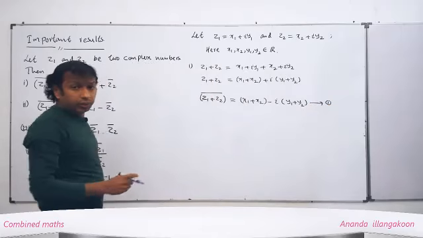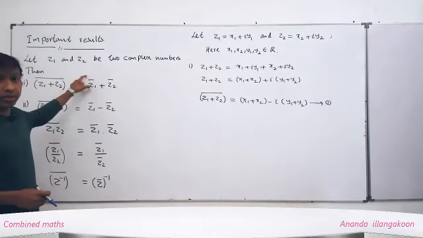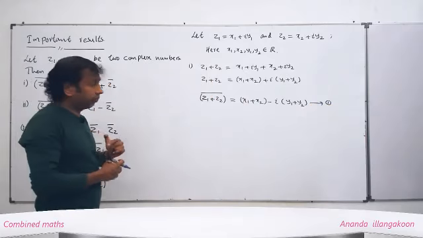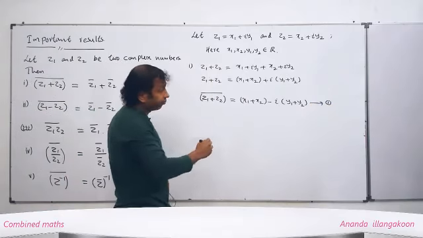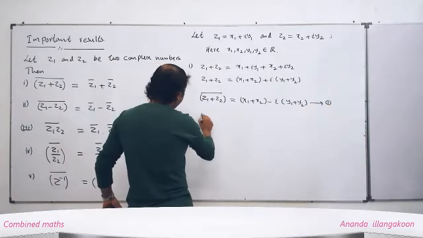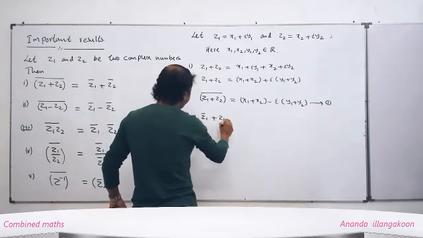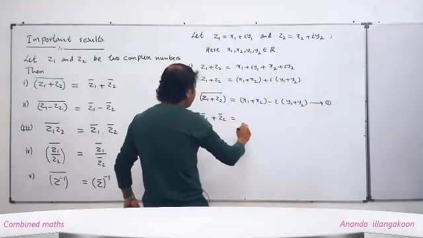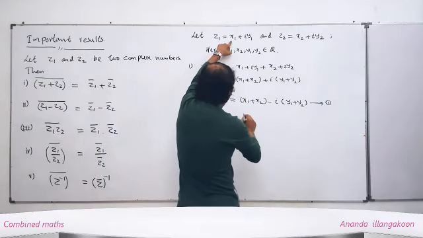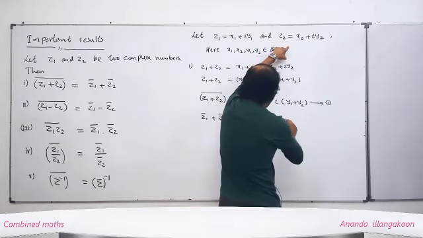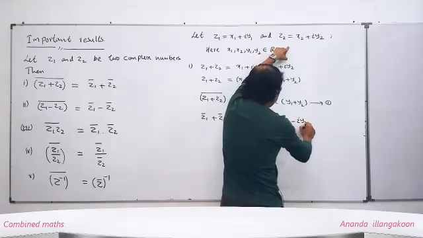Now, secondly, what I do is I take Z1 bar and Z2 bar and we add them up, right? Z1 bar plus Z2 bar. Right. Z1 bar is x1 minus iy1, plus Z2 bar, x2 minus iy2.